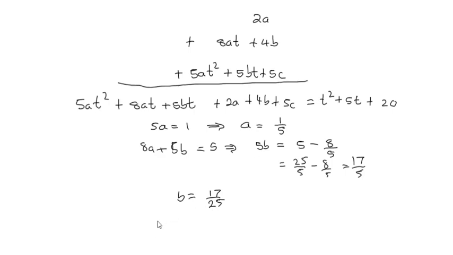In this case, we're going to have 2a plus 4b, where b is 17 over 25, plus 5c, and the 5c in this case is our unknown, and our a here is 1 over 5, so we can substitute that.